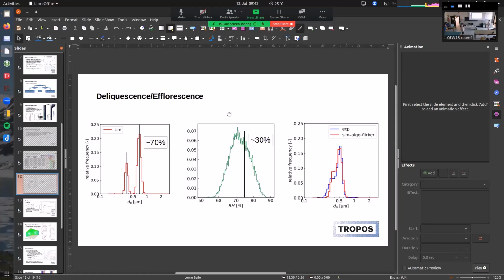So if everything would have been laminar, so the particles always see the same air parcel, there should only be 30% of the particles deliquesced, but here we have 70% of the particles already deliquesced. So there's a large influence of turbulence, I think.